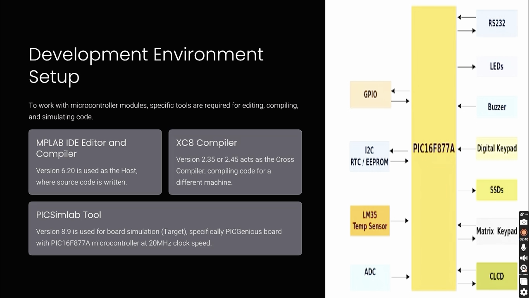We wrote our code in MPLAB IDE, compiled it using the XC8 cross compiler, and simulated it in PICSimLab. PICSimLab mimicked real board hardware and helped us test our code visually. The specific board used was PICGenius, and we used the board schematic to locate pin mappings for LED, switches, CLCD, buzzer, and fan.